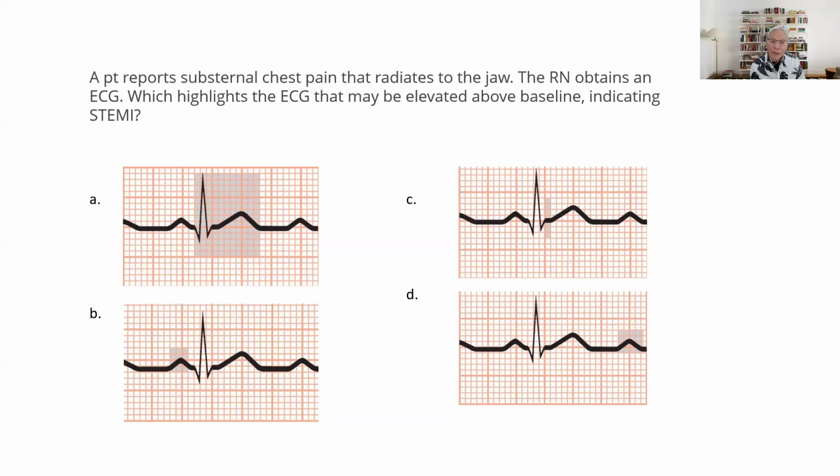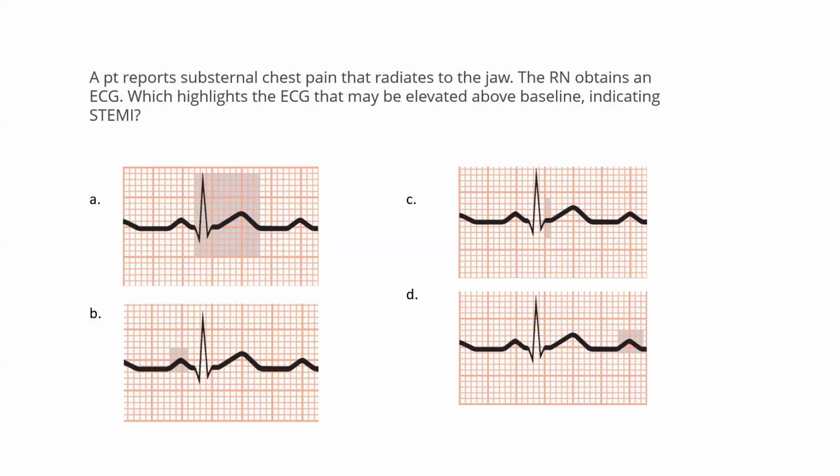So from the very term, which one should be elevated? A, B, or C? You remember A is QT, B is the P wave, D is the U wave. Okay, U wave, very good. And the C is the ST.